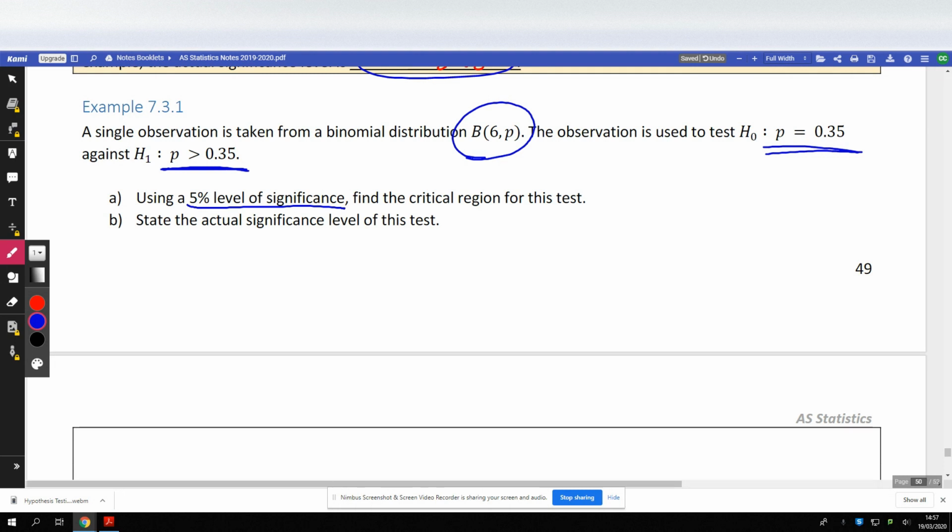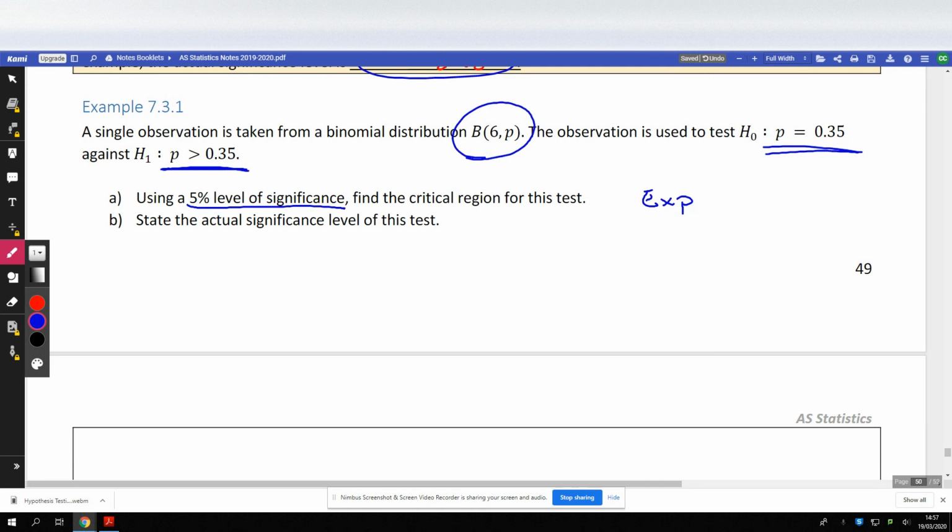In order to do this question, I think it's a good idea to get into the habit of considering that expected value that I mentioned in the last video. If you're doing this on your calculator, you need to know where that peak is in order to be able to put the values into the list.